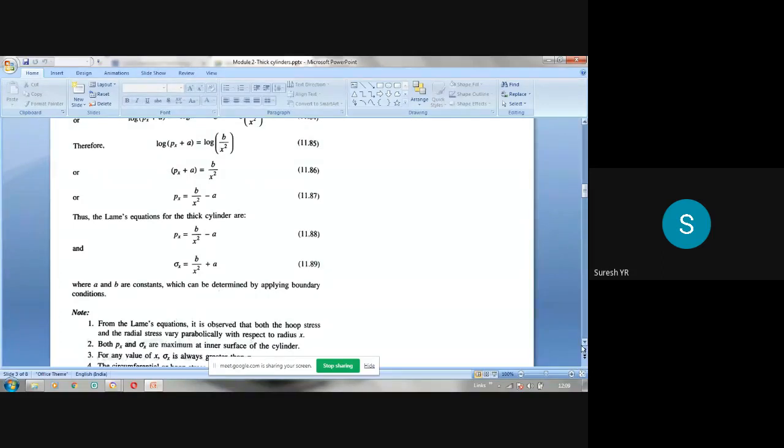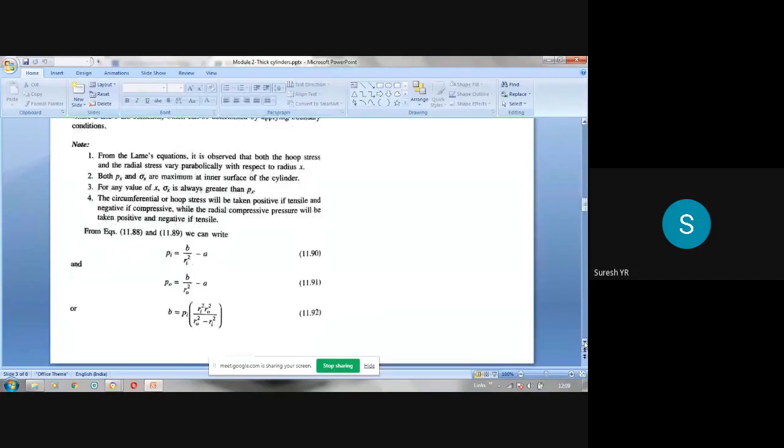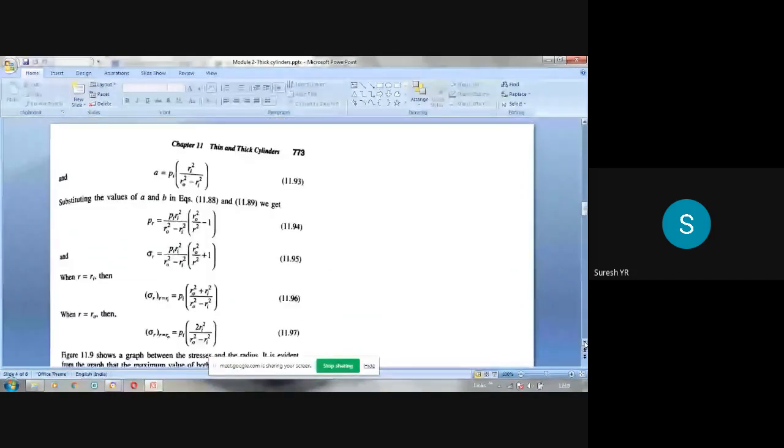By substituting those boundary conditions in Lame's equations and solving, we got the values of A and B. After substituting the values of A and B, you can get the expressions for the radial pressure PR and hoop stress sigma R at any distance R from the center of the cylinder.